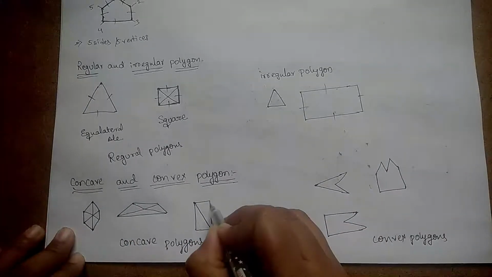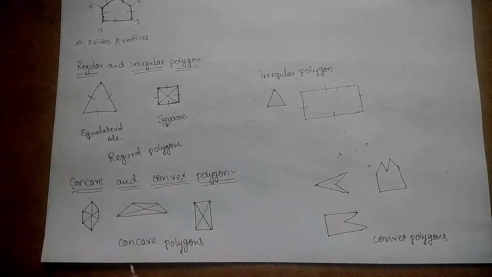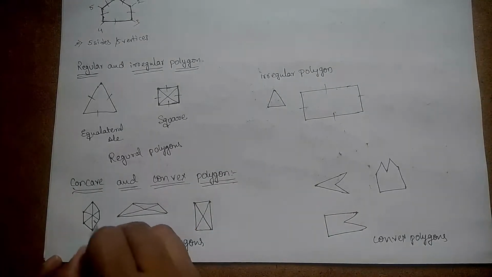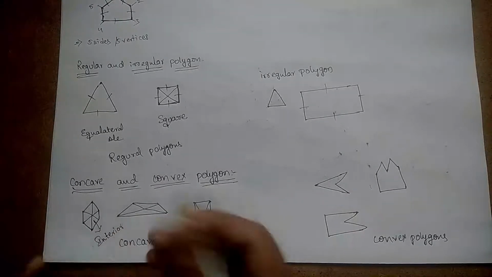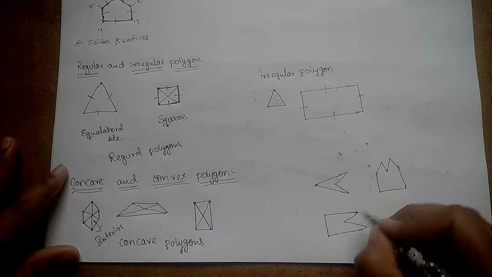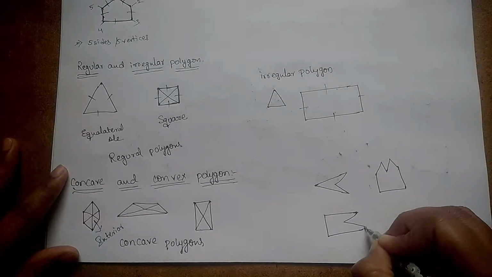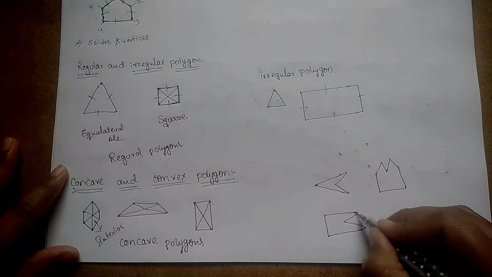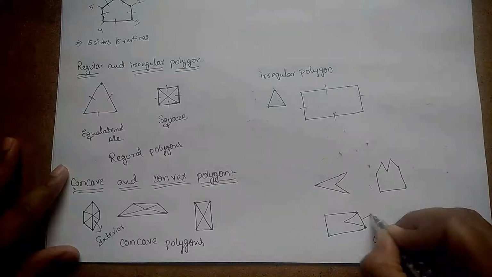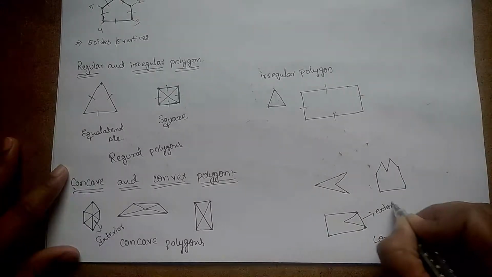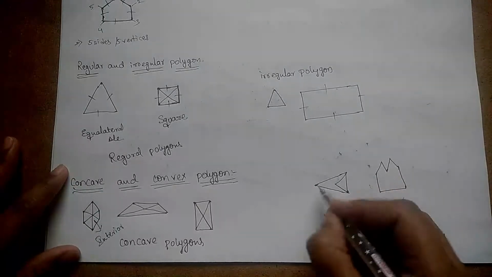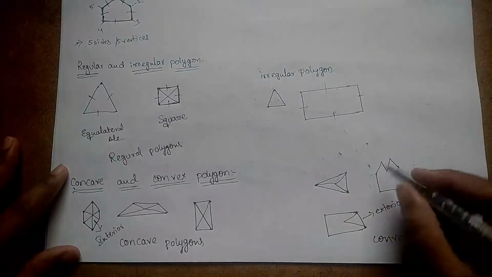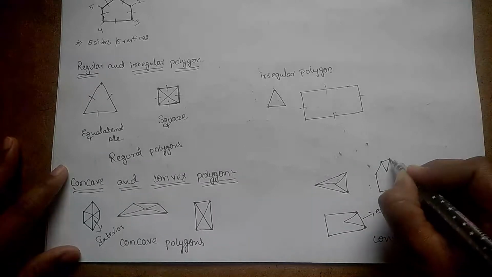So observe here, we draw diagonals in the interior part of the given shape. If I would like to draw a diagonal here, this is in the exterior, right? So this is also in the exterior.